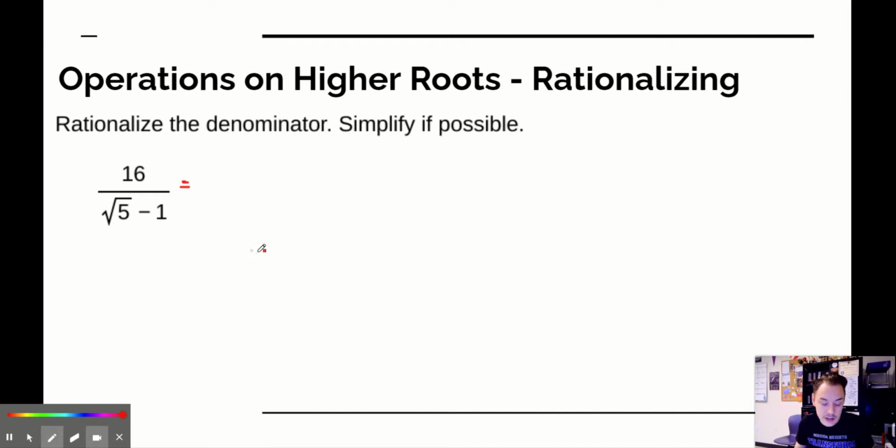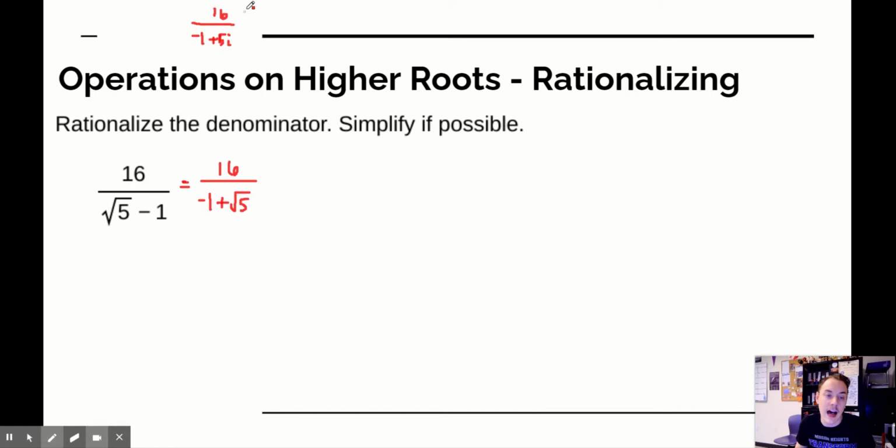And so I actually have to multiply this by something, but before I do that, I'm going to rearrange this to be -1 plus radical 5. Now, why would I do that? Because this is something similar to what we did before. If I have like 5i, I would need to multiply this by -1 minus 5i. Remember that? We did it even during the bell work.